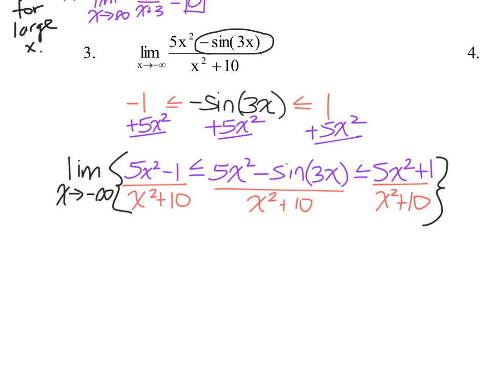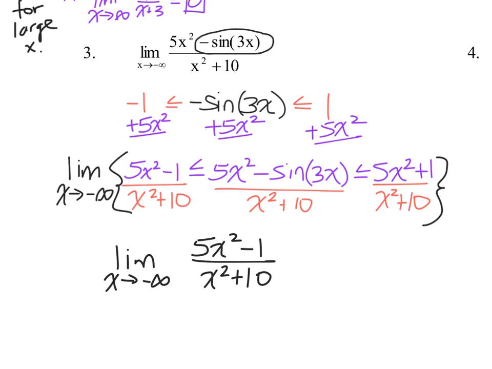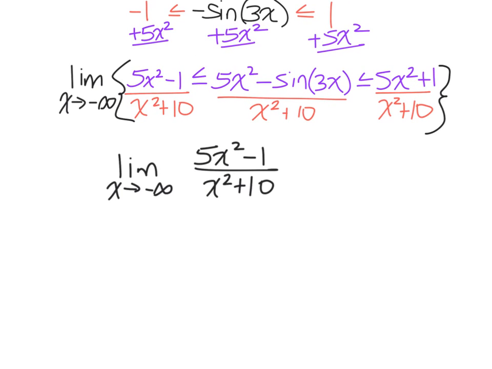To do what? Yeah. Well, let's focus on this guy. Limit as x approaches negative infinity. Another level of the sandwich theorem. Is that right? Yep. I don't know how to do it.